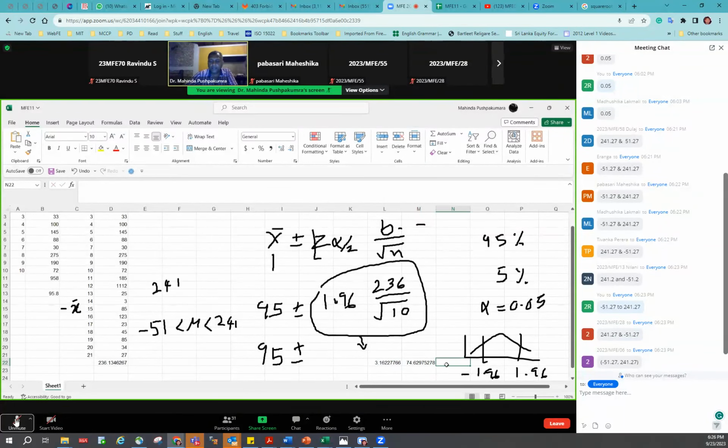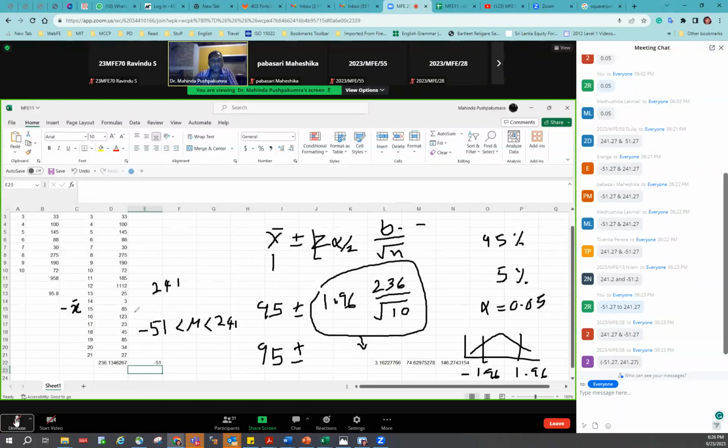Then we have to multiply it by 1.96, which gives 146. Then the lower limit is 95 minus 146. Yes, your answer is correct: minus 51 and 241.